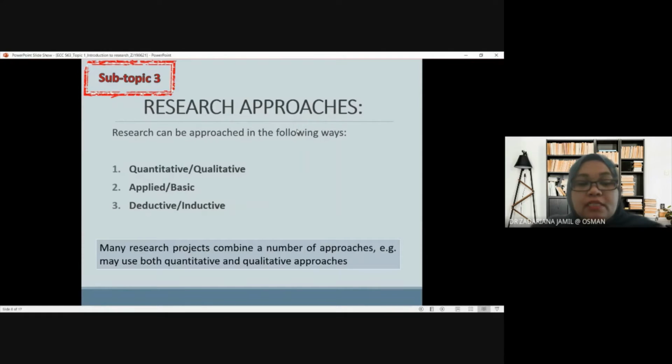Many research projects combine a number of approaches. For example, it may use both quantitative and qualitative approaches. If a doctor is observing COVID patients, they do some observation.